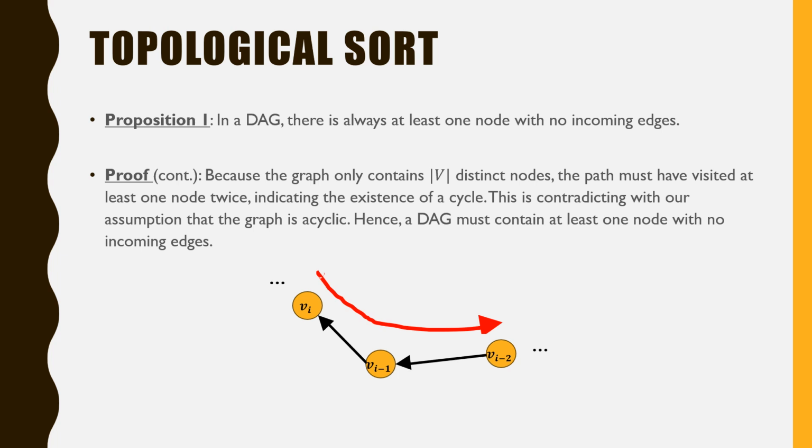By definition, revisiting a node implies the presence of a cycle. This contradicts the fact that the graph is acyclic. Thus, our assumption must be false, proving that every DAG must contain at least one node with no incoming edges.